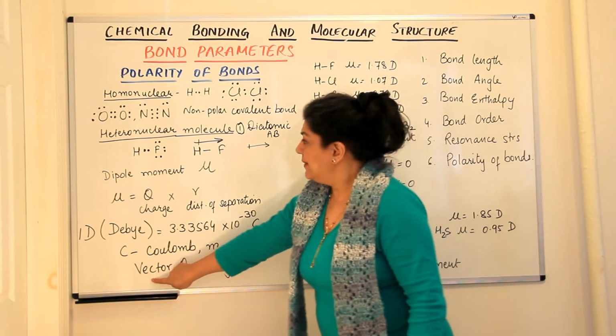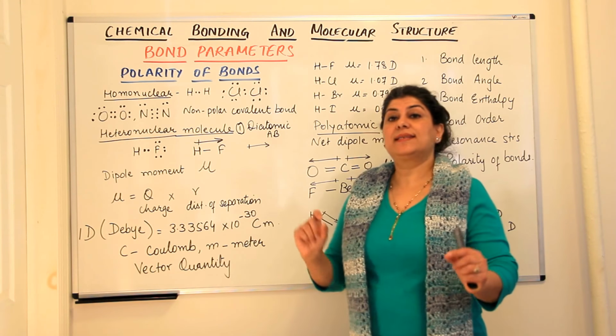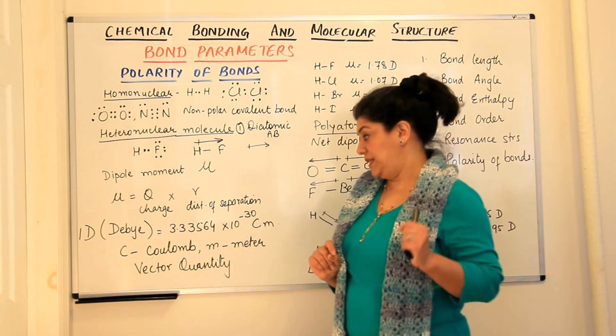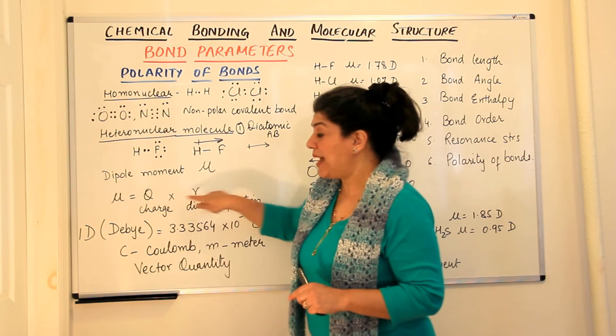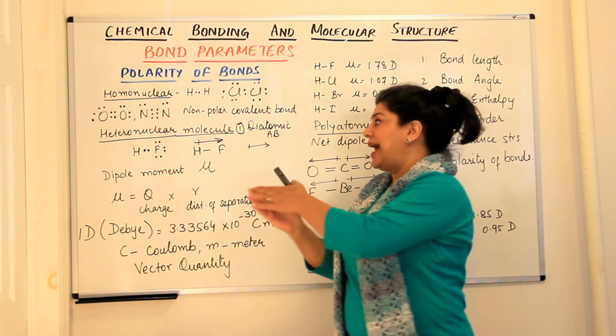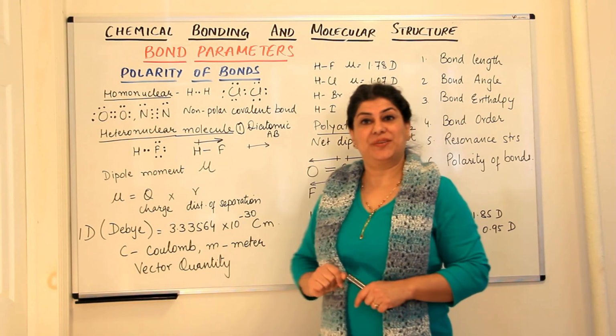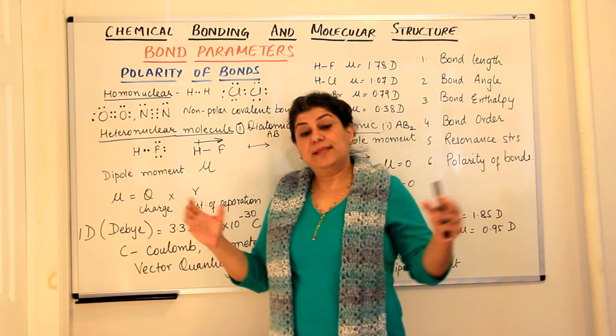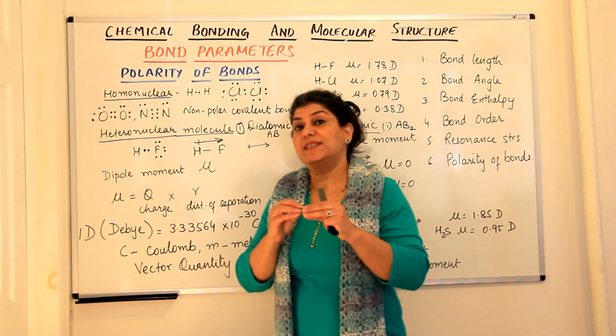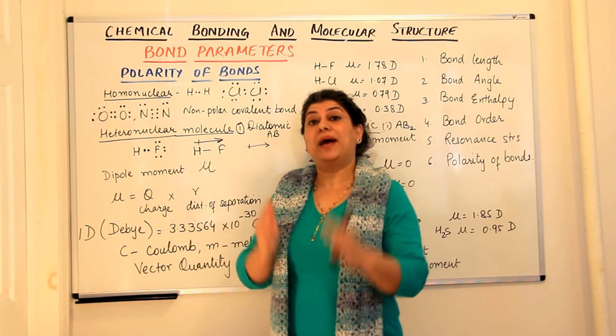Now we say that dipole moment is a vector quantity. And it is a vector quantity because it not only has magnitude, it also has a specific direction. And when you have vector quantities, then the sum of such quantities does not depend only on the magnitude.